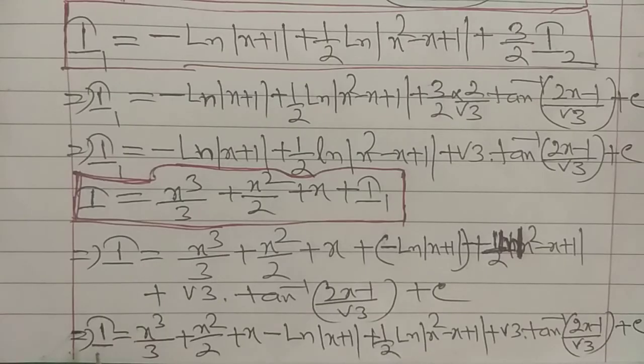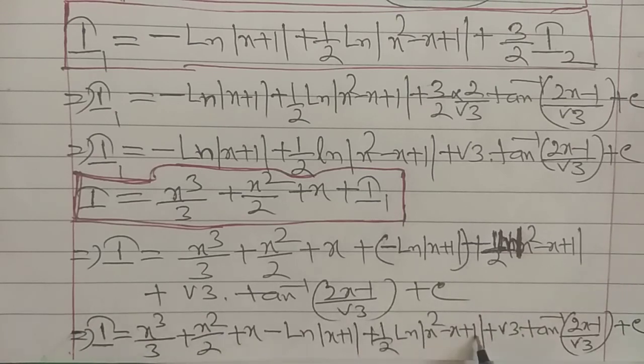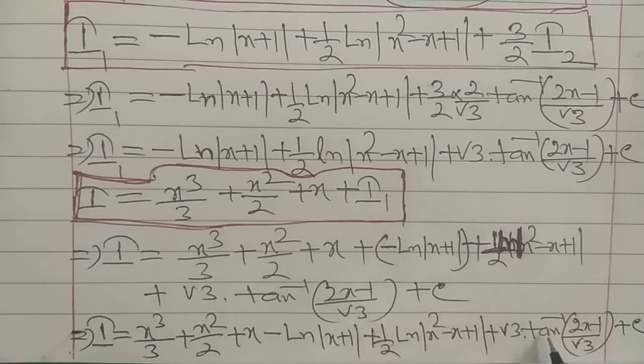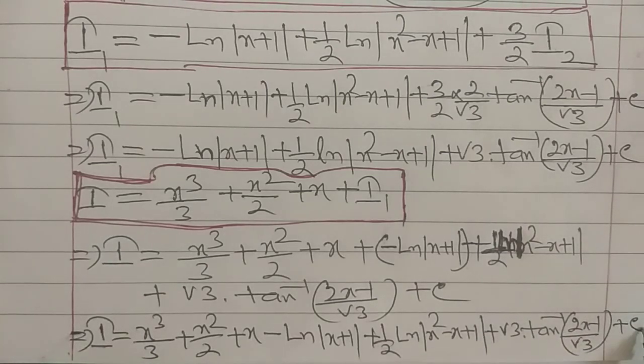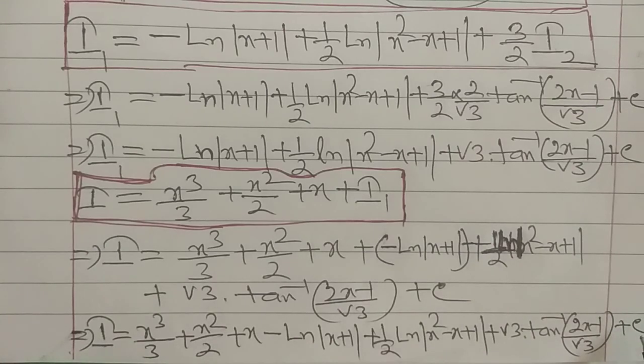And finally we have I is equal to x cube by 3 plus x square by 2 plus x minus ln modulus of x plus 1 plus 1 by 2 ln modulus of x square minus x plus 1 plus root 3 into tan inverse of (2x minus 1) by root 3 plus c, where c is a constant.